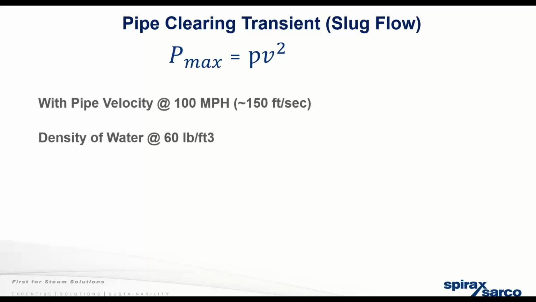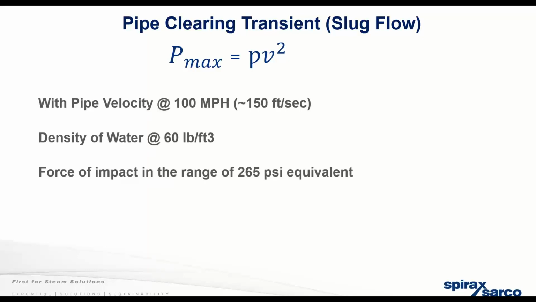I'm going to hammer through these real quick here. So if you do the math and you cross out all your units of measure and you double check and come up with some numbers, the force of impact turns out to be, according to my math, in the range of about 265 PSIG equivalent.